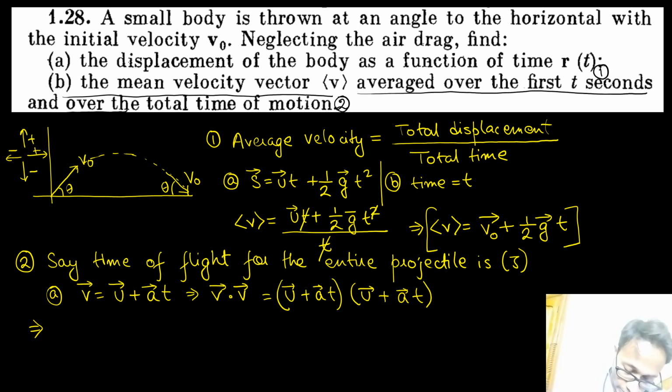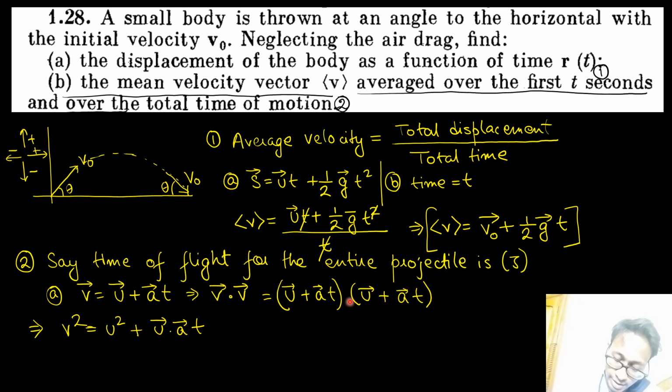So v dot v, which is v square, is equal to, multiplying this out, u dot u, which is u square, plus u into at, which is u dot a into t.